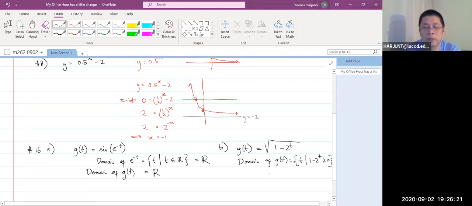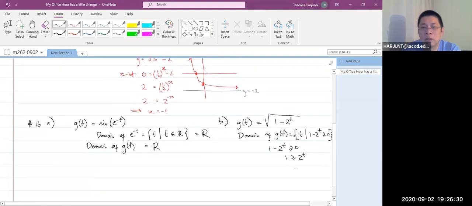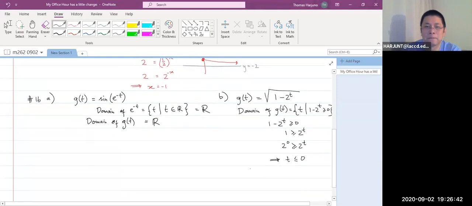Let's solve that. 1 is greater than or equal to 2 to the t. But 1 is 2 to the 0. So t has to be less than or equal to 0. So the domain of g(t) is negative infinity up to 0, including 0, in interval notation.